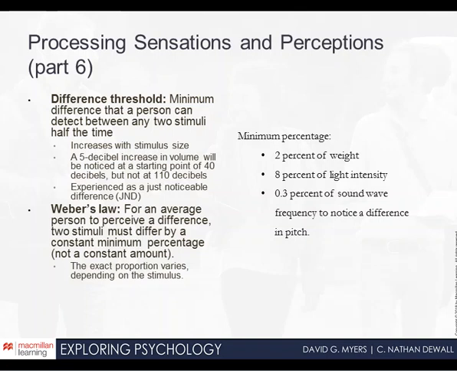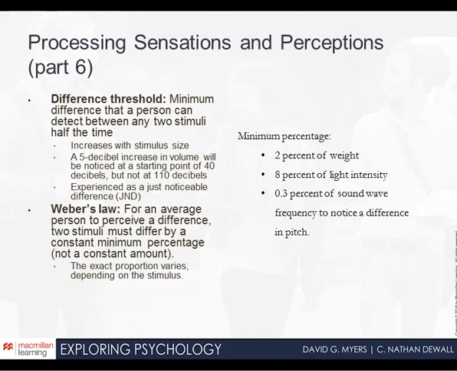Weber's law: for an average person to perceive a difference between two stimuli, they must differ by a constant minimum percentage. The exact proportion varies depending on the stimulus. For example, the minimum percentage needed to detect the difference between two stimuli is going to be 2% for weight, 8% for light intensity, and 0.3% for a sound wave.